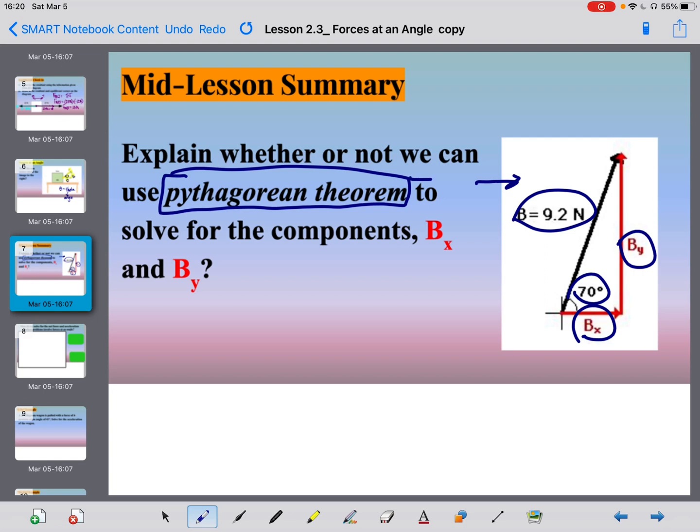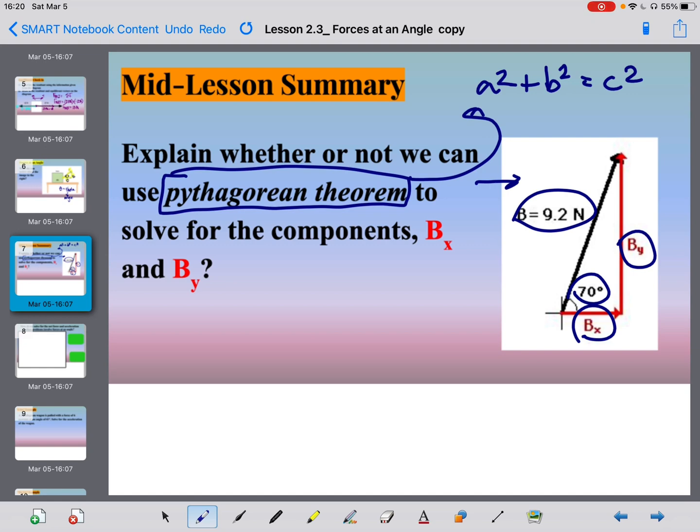Remember, the Pythagorean theorem is a squared plus b squared equals c squared. Do you think that you can solve for Bx and By?